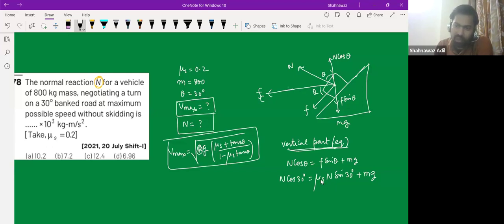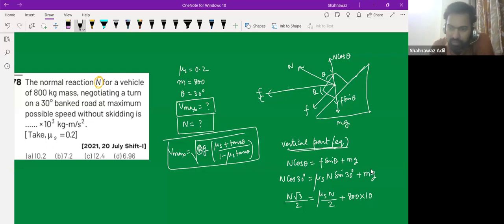Angle we know, mu s we know, g we know. So what would that be? This is N root 3 divided by 2. This is mu s, this is N, this is 1 by 2. And then plus m, which is how much? Mass is 800. And g is how much? g is 10, let's take 10.